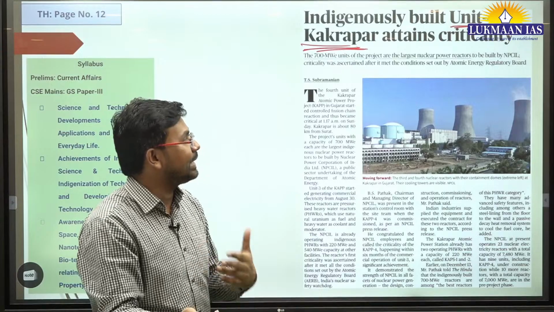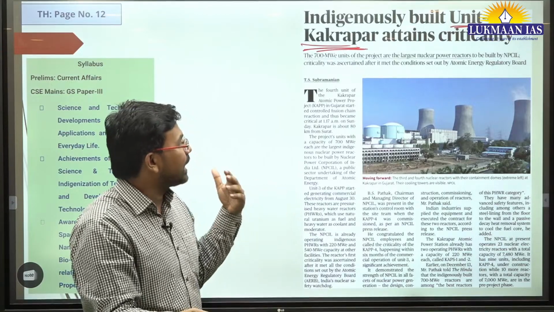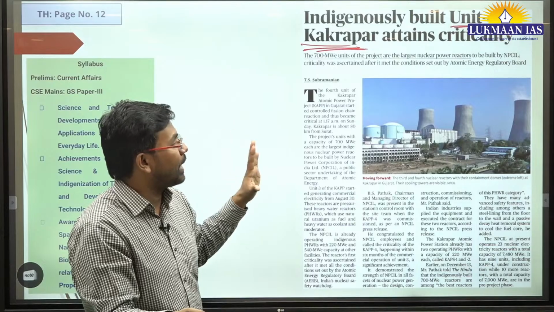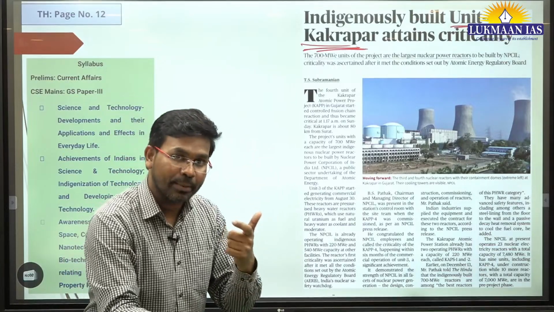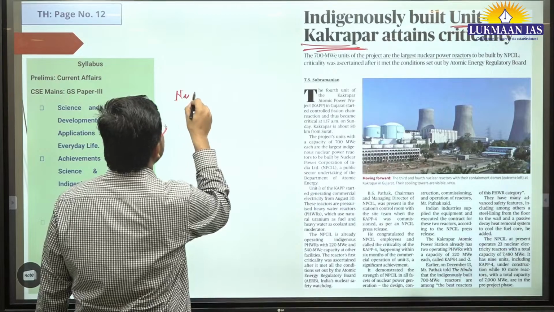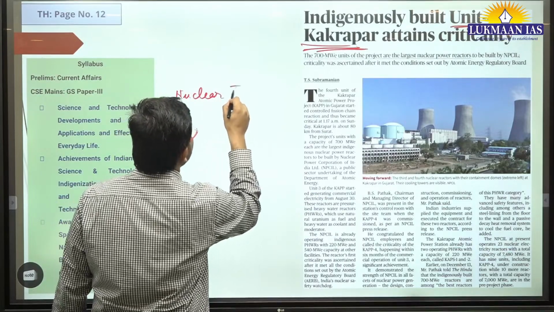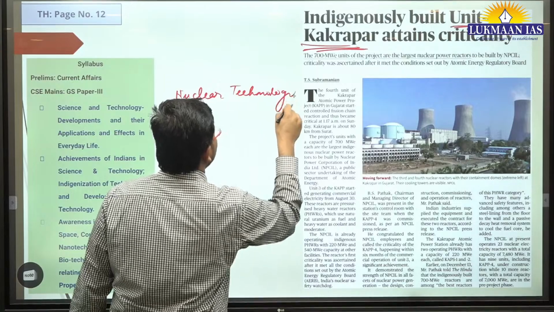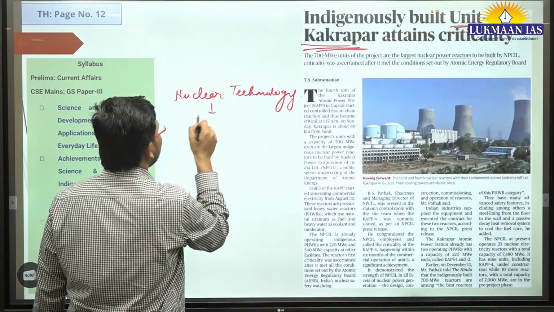So it has attained criticality, and they have started operating Unit 4 of the Kakrapar nuclear power plant. When we talk about this nuclear power plant, we need to understand that nuclear technology is also known as dual use technology, right?